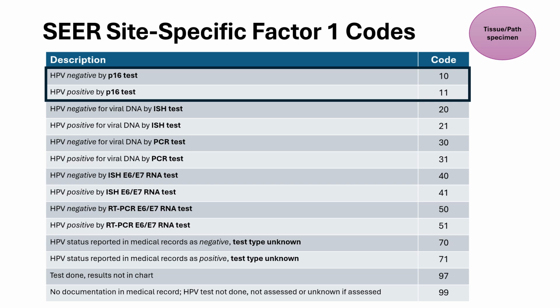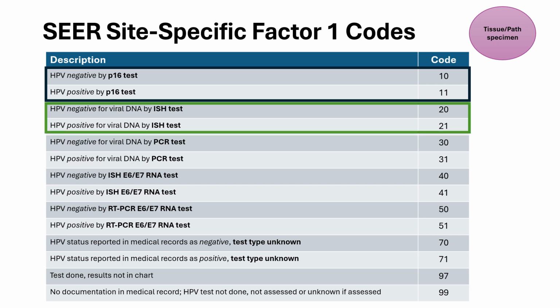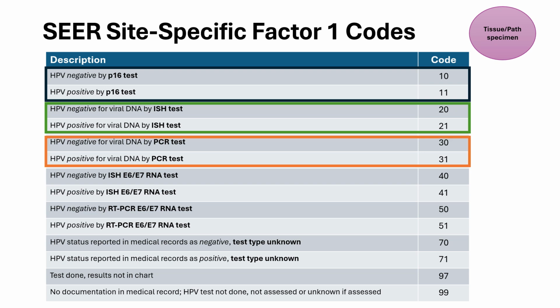Those are codes 10 and 11. If it's based on viral DNA on an ISH test, it's codes 20 or 21, whether negative or positive. If it's viral DNA based on a PCR test, it's codes 30 or 31, whether they are negative or positive.